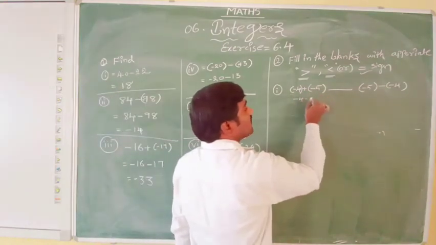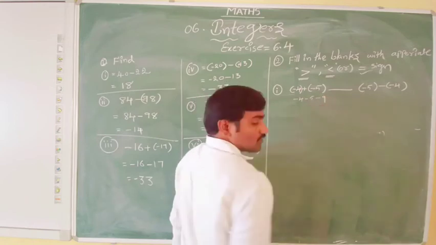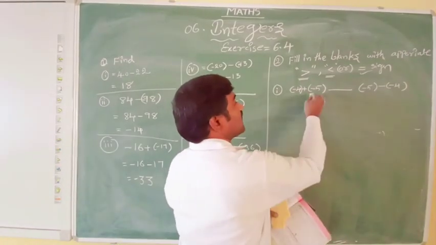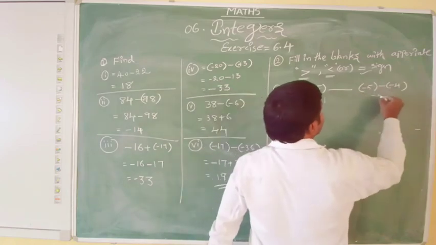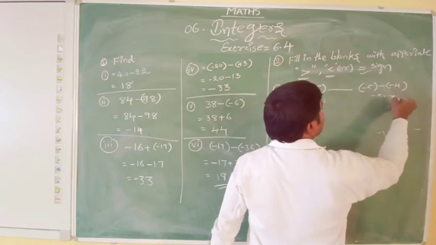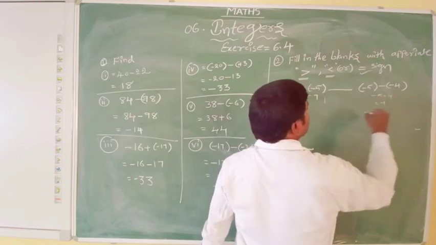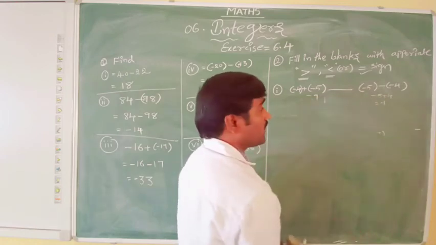It is minus 4 plus into minus 5. Minus 4 minus 5, it is minus 9 we are getting. In the mind itself you do it. Here minus 5, minus into minus becomes plus 4. Here you will get 4 minus 5, which is minus 1.